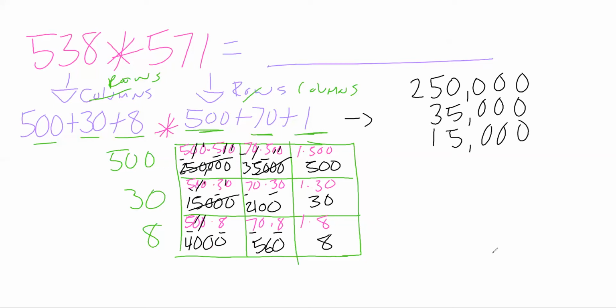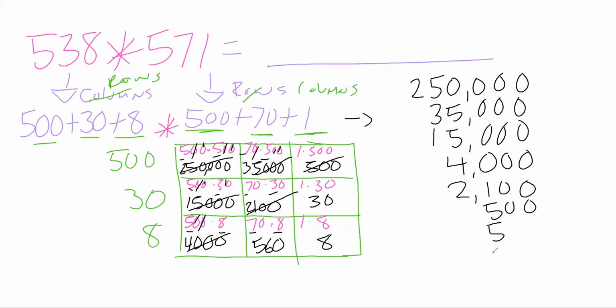I like to look for higher values, the numbers with the most digits, because then it's easier to stack them. But to each their own. As long as everything's lined up, it won't matter. So just make sure everything's lined up. Again, notice I'm crossing out numbers as I use them so I don't forget them.